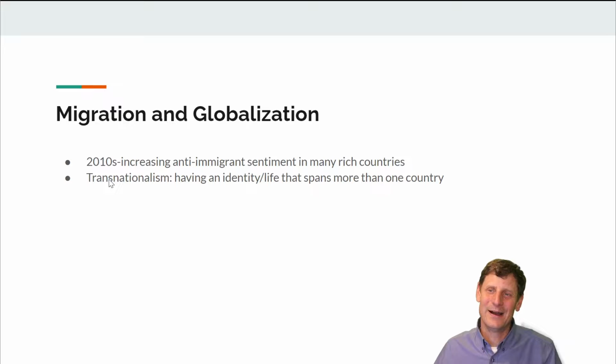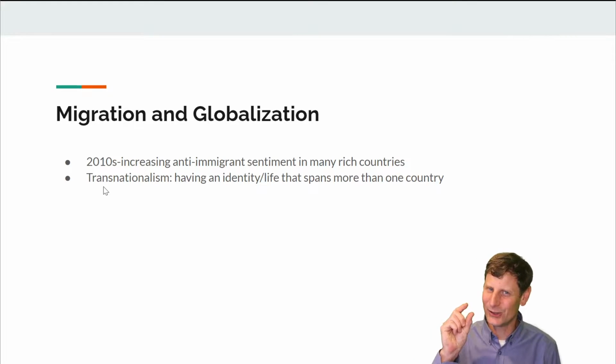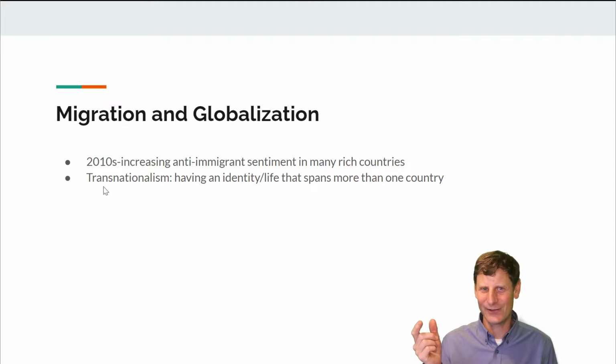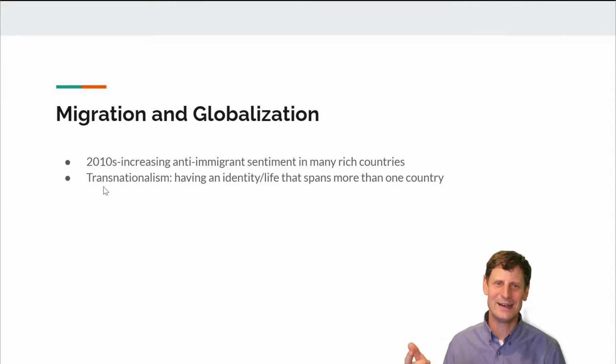All right. The other theme here from migration and globalization is a new trend we've seen. People started talking about this in the 1990s, but really in the 21st century it's sort of a new idea, the idea of transnationalism. And this is a fraction of the world's population, so it might be getting a little more attention than it warrants, but it is kind of a cool geographic idea, which is that we see some people now having an identity that is more than one nationality.